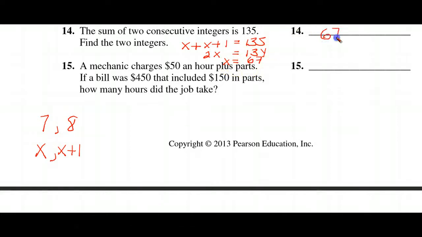Well, it's 67, 68. Now remember, they ask you for the two integers. And if you add these up, you get this. This would be the work needed to support your answer statement and the needed equation to solve 14.